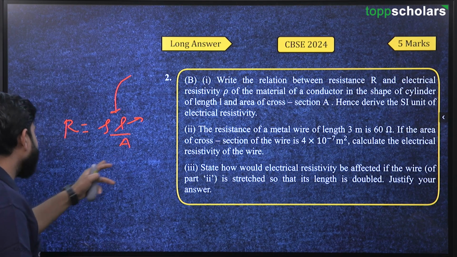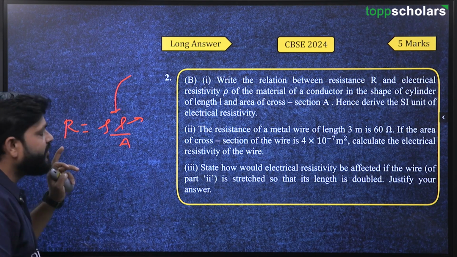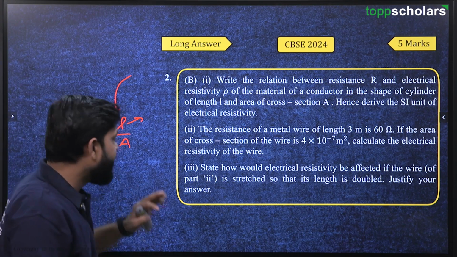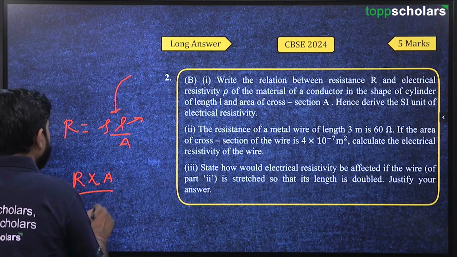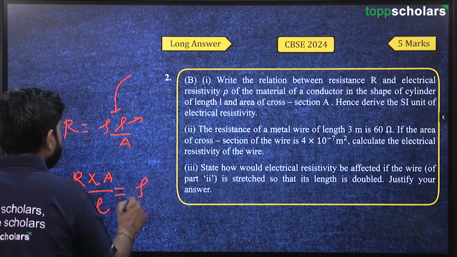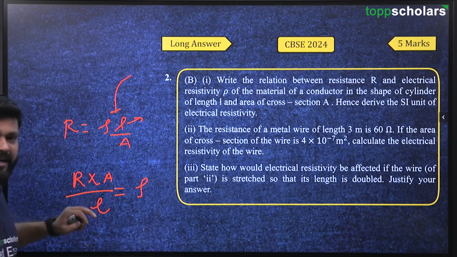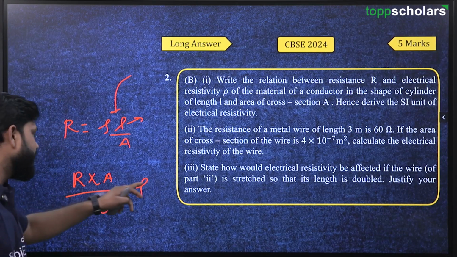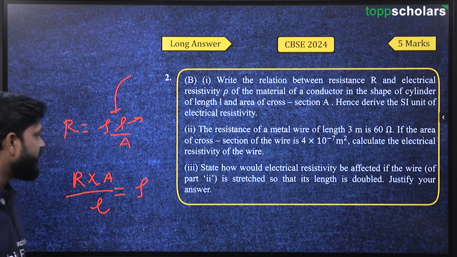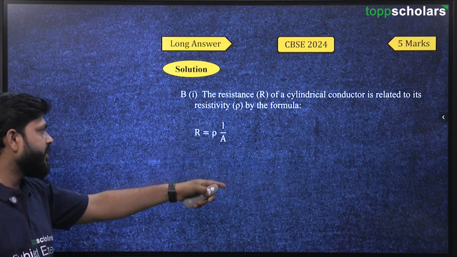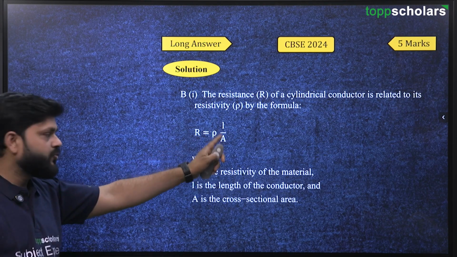We will take this A to this side. We will get A into R upon L, that is R into A upon L. It will give you resistivity. And if we keep the values of R, A and L, we can easily find the SI unit of this resistivity. So you will see in the next slide, R equals rho L upon A, and we need to find rho. So rho will be equal to what?